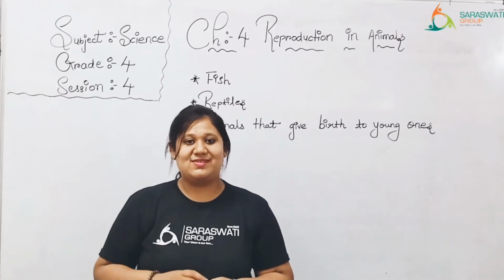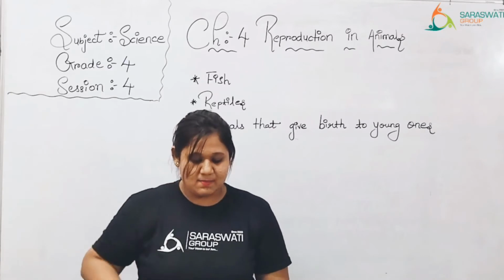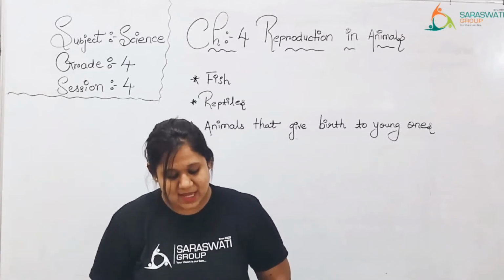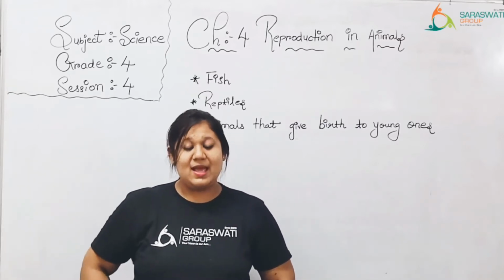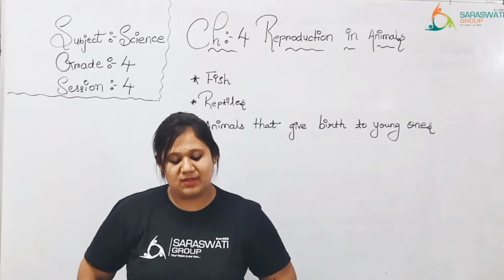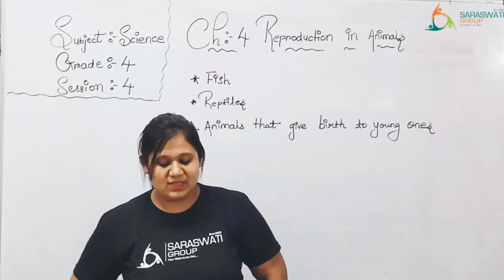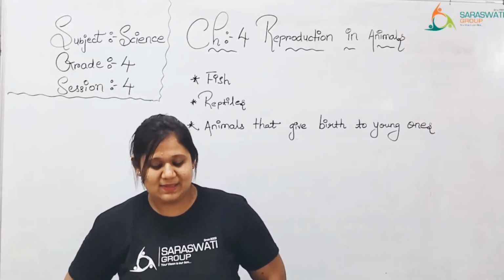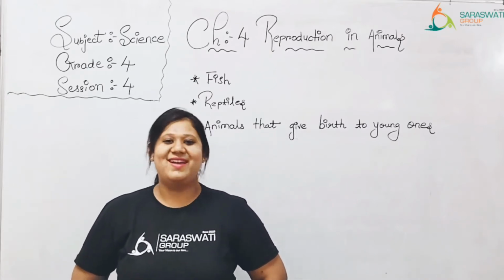Animals such as cows, dogs, cats, mice, elephants, lions and whales give birth to their young ones, right? Animals such as birds, fish, frogs, tortoises, crocodiles and snakes lay eggs. Their young ones hatch out of the eggs.